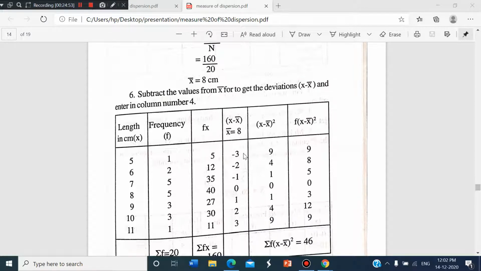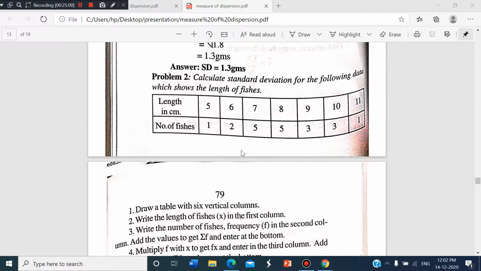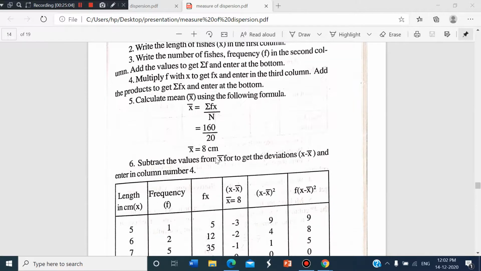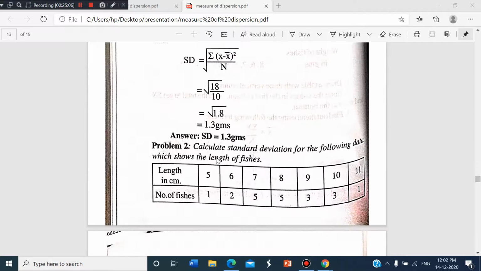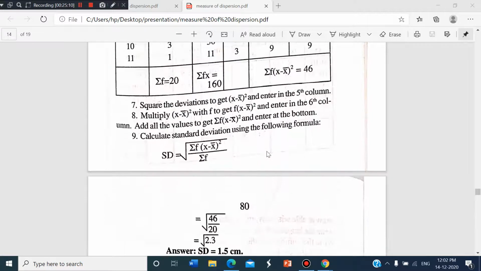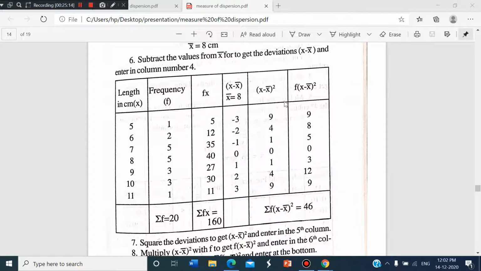The value of x bar, and in standard deviation, what you need is this formula. You should be able to apply the formula. X minus x bar square, what you call. The value of x minus x bar. X bar is 8.